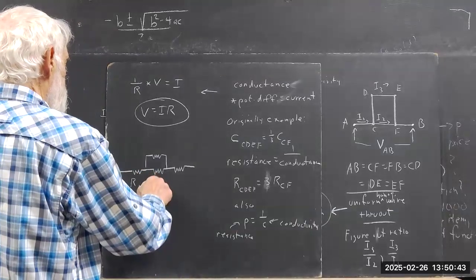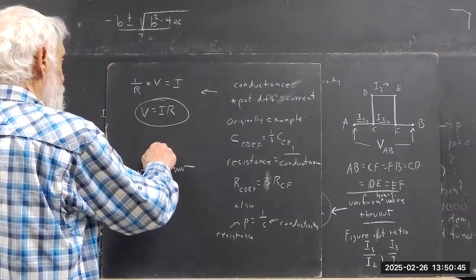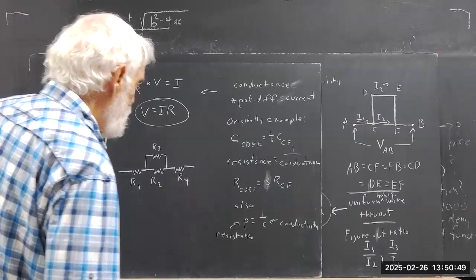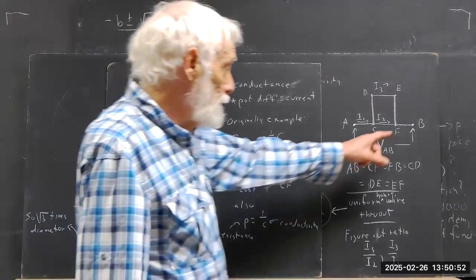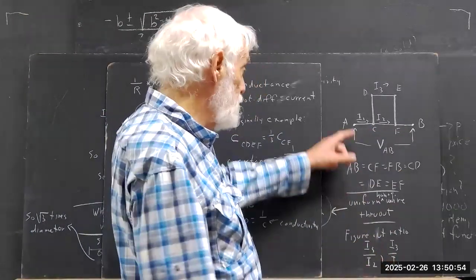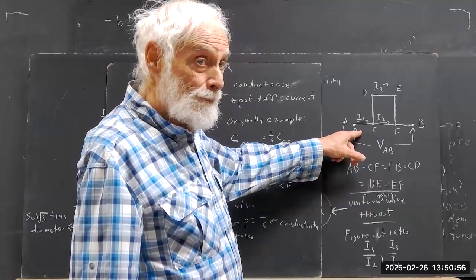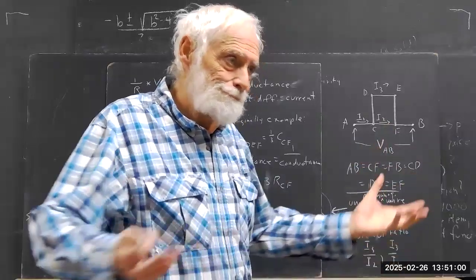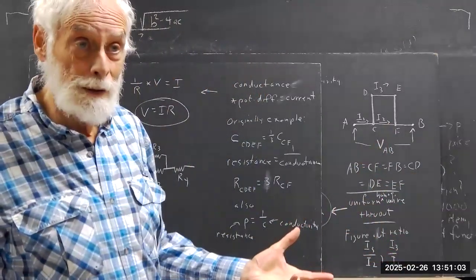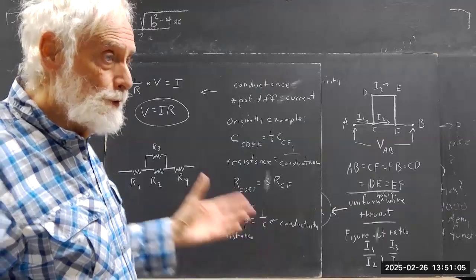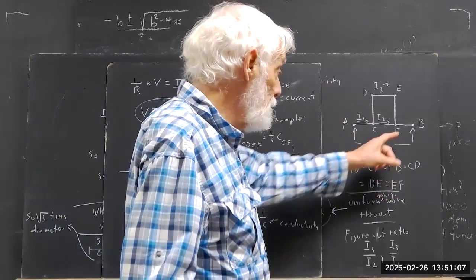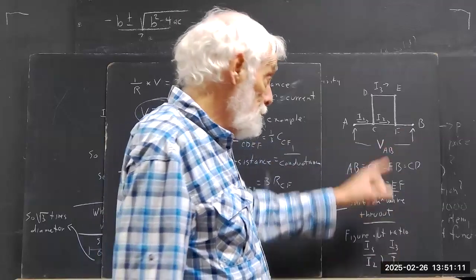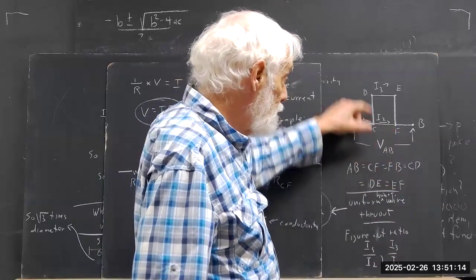This segment has a resistance, which we might as well call R2, this one R3, and here's an R4. Now, I never asked you what the current was here in terms of everything else, but it's not the same as I1. Because I1 branches, but then it comes back together and the charge can't accumulate. So the total charge moving past that point always has to be the same. Okay. No, points here, you got to add this to this.